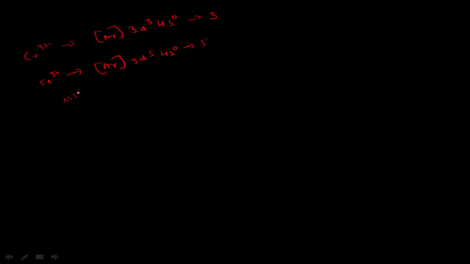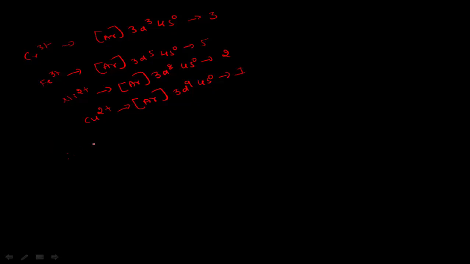Next, nickel 2 plus has electronic configuration 3d8 4s0, which means it contains 2 unpaired electrons. Next, Cu2 plus, its electronic configuration is argon 3d9 4s0, therefore it contains 1 unpaired electron.